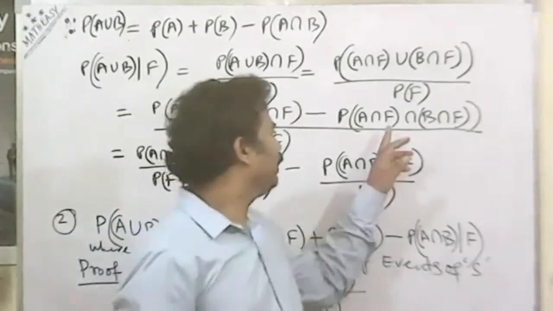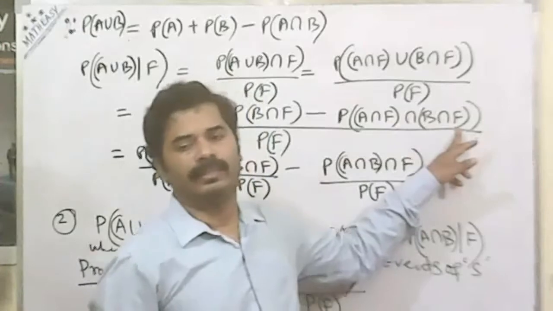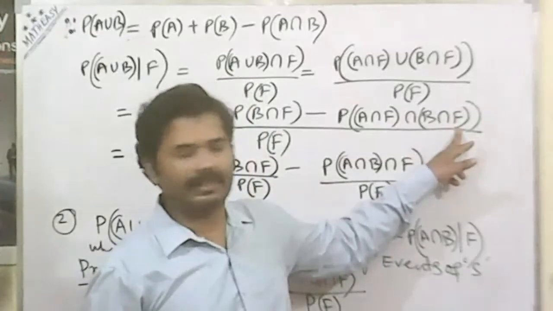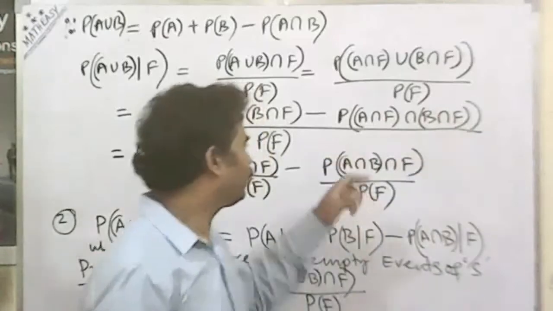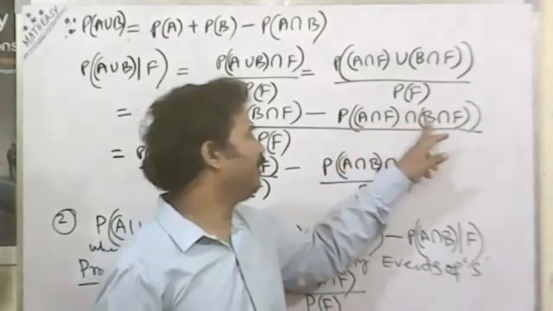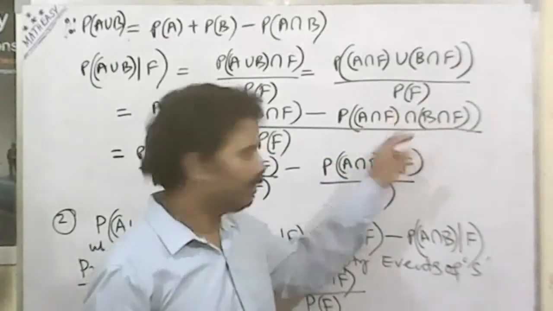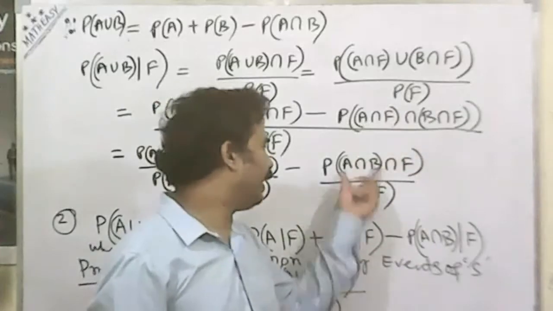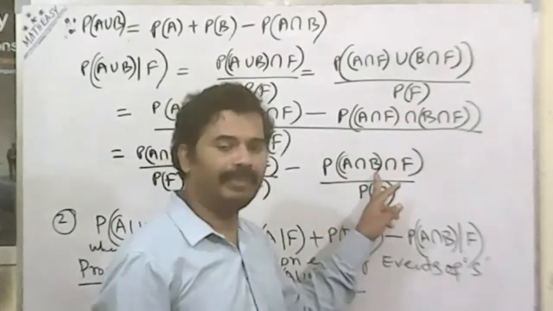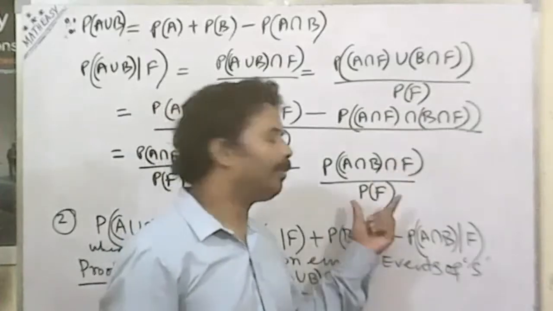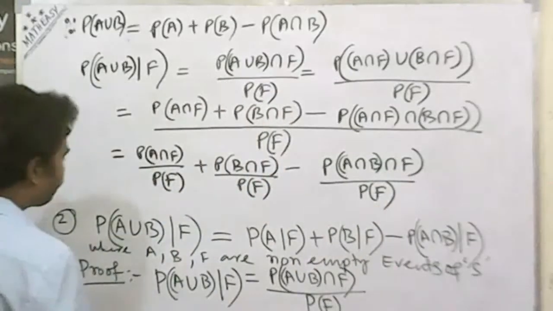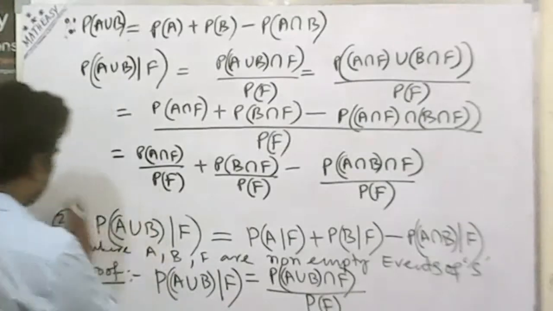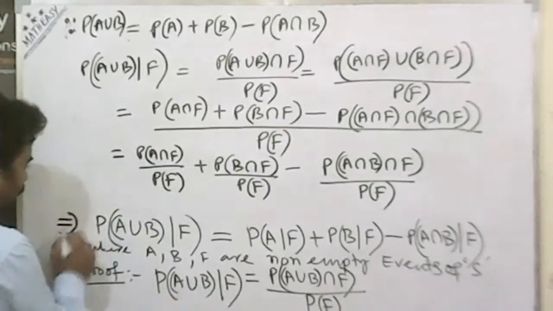It means here F appears twice. By the intersection concept, if two are the same, you can take one. So that's why A intersection B intersection F, by taking the bracket, A intersection B intersection F by probability of F. So what value comes?